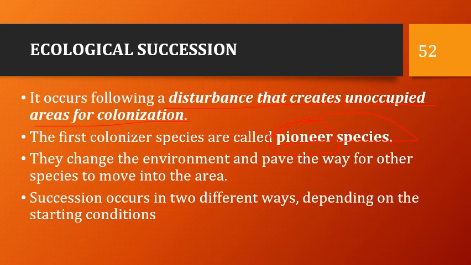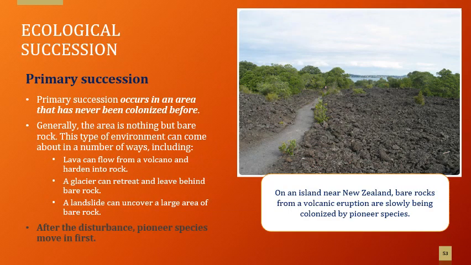And succession occurs in two different ways depending on the starting condition. We have here primary succession. So, when we say primary succession, it occurs in an area that has never been colonized. Okay? So, generally, the area is nothing but bare rock.